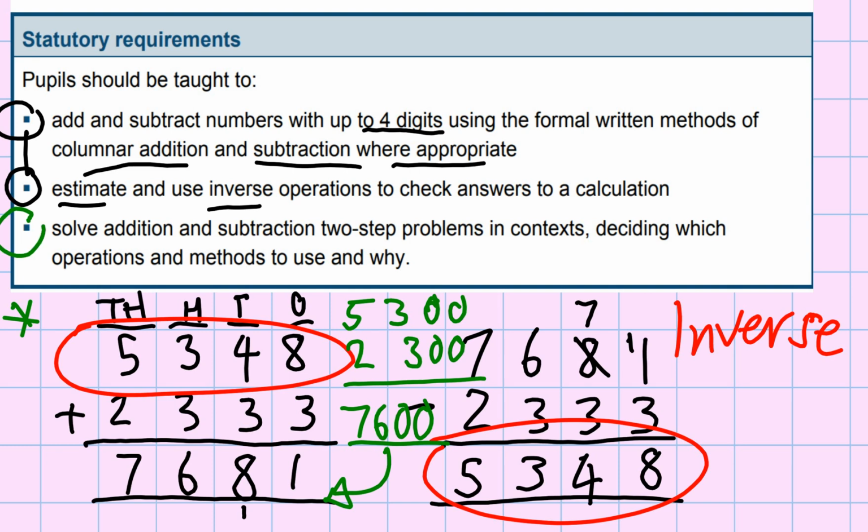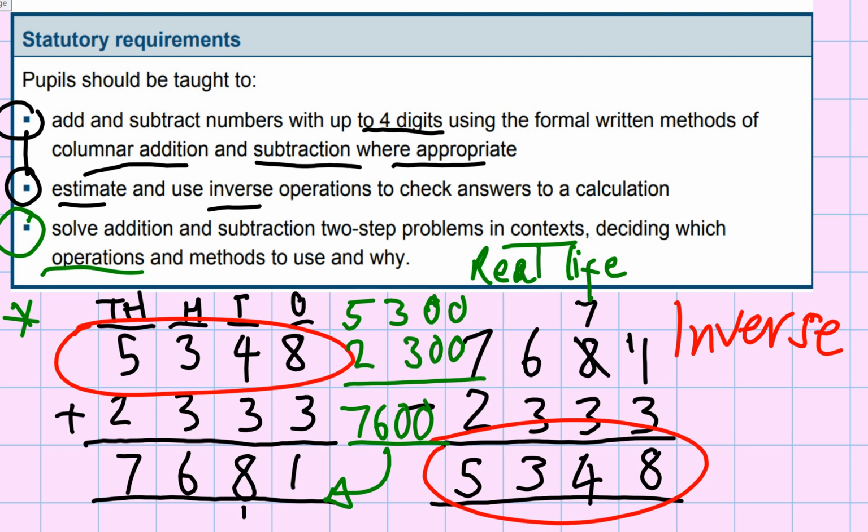The final objective for Year 4 addition and subtraction is to solve addition and subtraction two-step problems in contexts. So this is sort of real life situations. So then they're given worded problems, deciding which operations and methods to use and why.